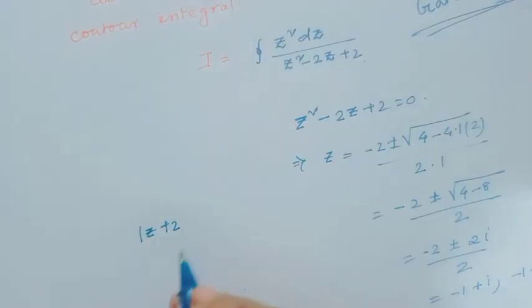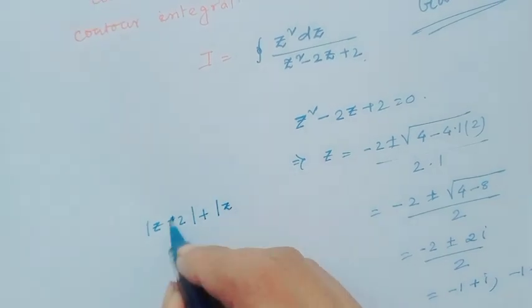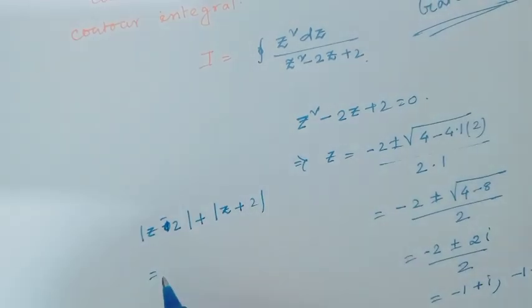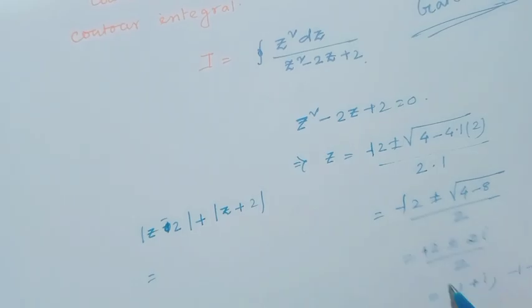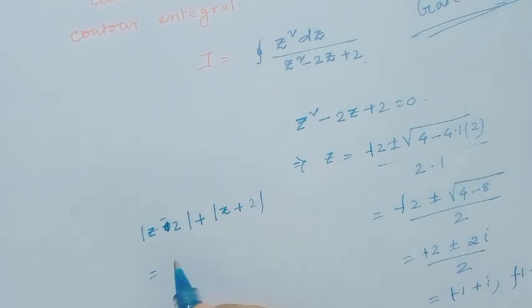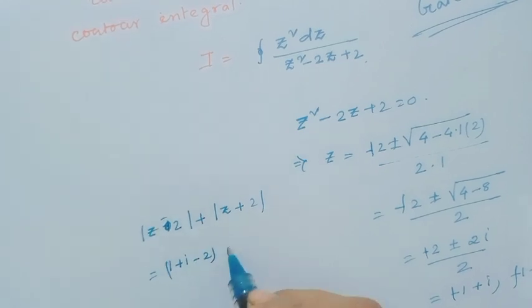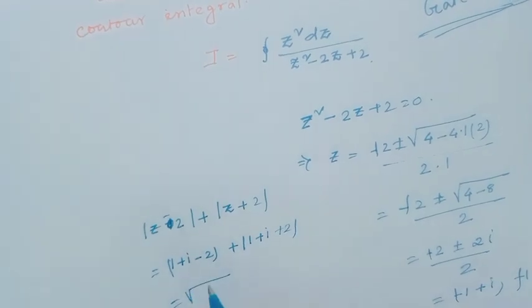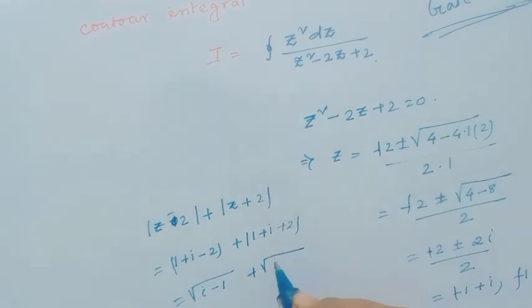Mod z minus 2 plus mod z plus 2. At first put the value. Put the value 1 plus i first. This is mod 1 plus i minus 2 plus mod 1 plus i plus 2. This is equal to mod i minus 1 plus mod 3 plus i.